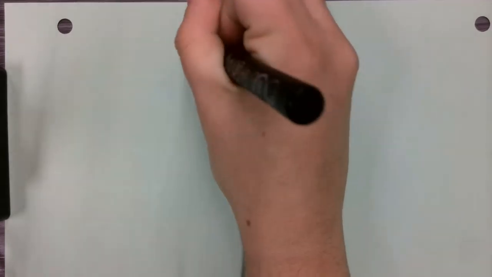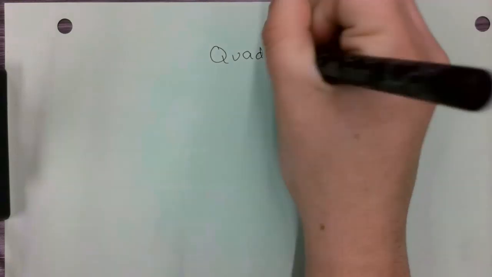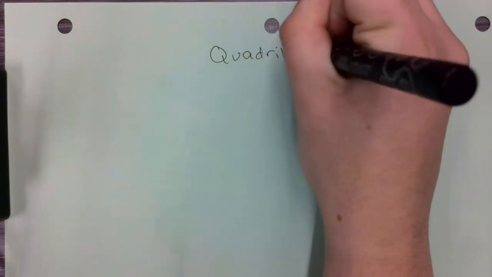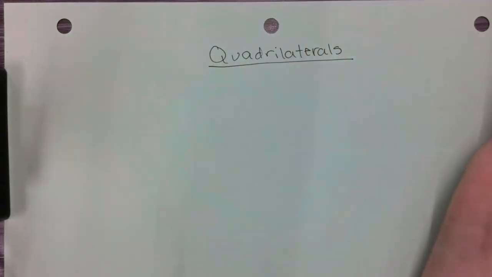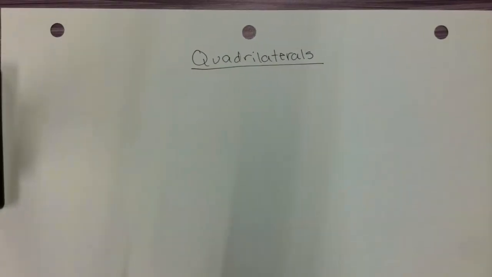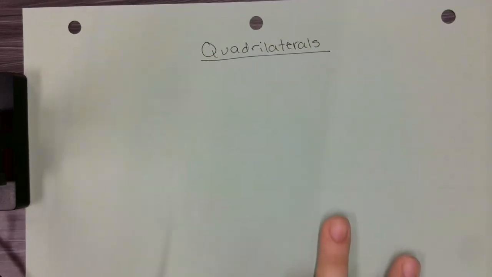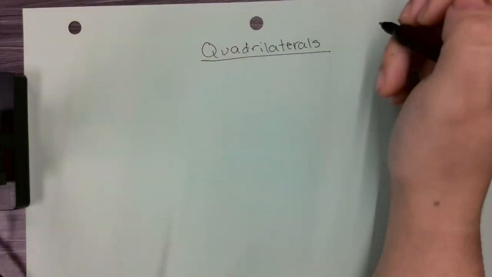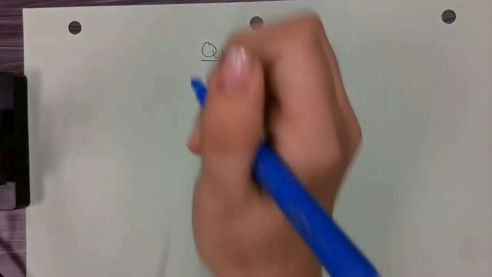Okay, so today we are starting off a new chapter. We are classifying quadrilaterals. You're welcome. So what I want you to do is on the blank side, write quadrilaterals at the top. And these are four-sided polygons.